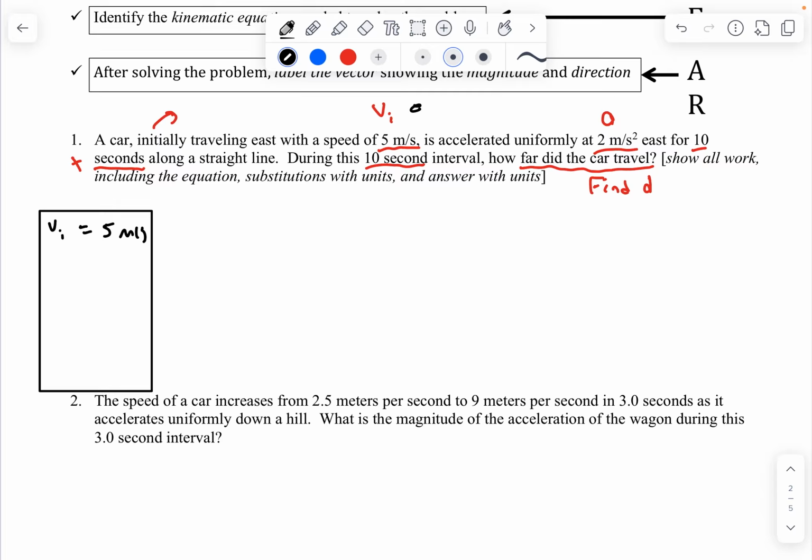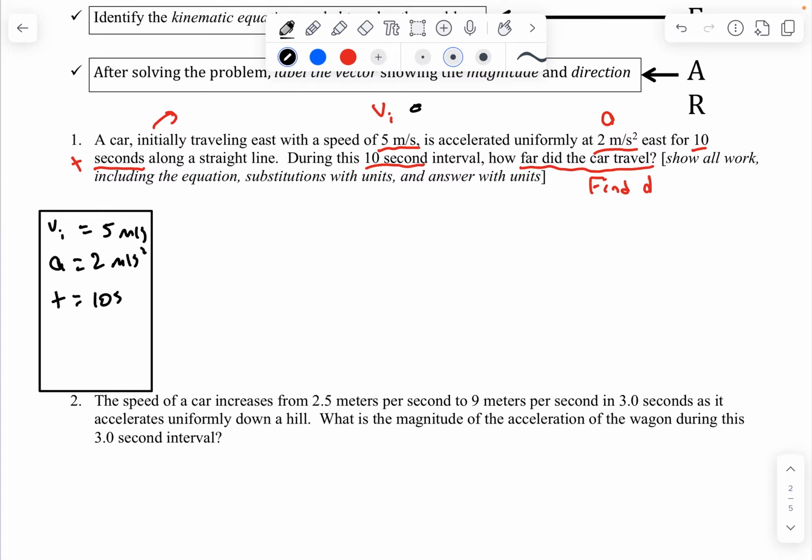Accelerated uniformly at 2 meters per second squared, so acceleration equals 2 meters per second squared. And then 10 seconds, so time is 10 seconds.